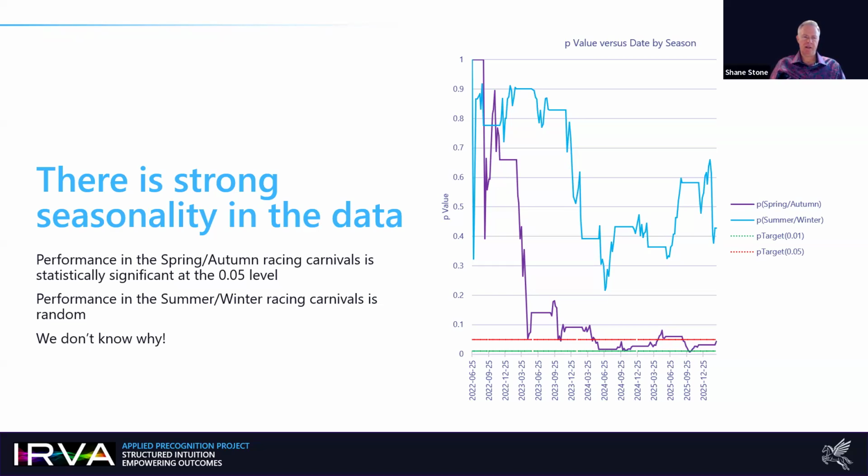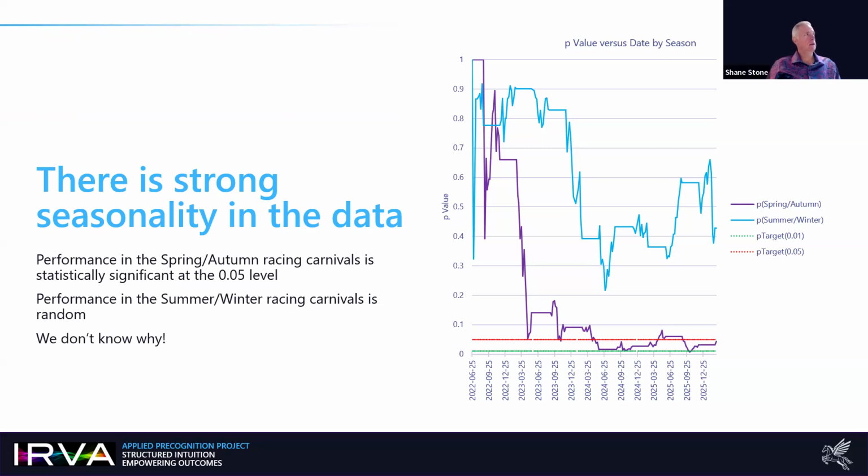Now, the curious thing is no idea why this is happening. So there's a few things that could be in play. One is, let's call it the underlying dynamics of the system. So there is something different around the spring and autumn races than the summer and winter races. So that could be things like race fixing or incorrect handicapping of the individual horses.